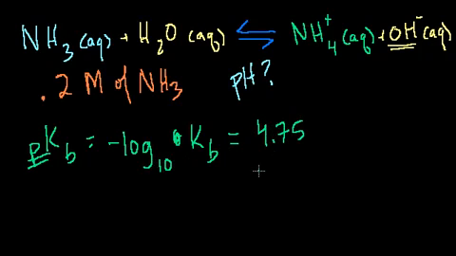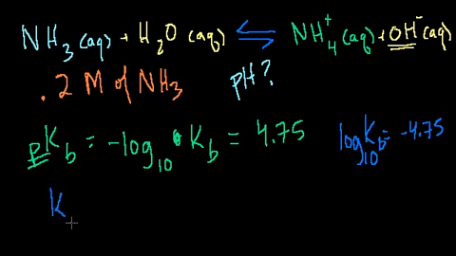So we can just do a little bit of math here to solve for the equilibrium constant. If we multiply both sides by negative, you get log base 10 of our equilibrium constant for this base reaction, that's why the B is there, is equal to minus 4.75, or KB should be 10 to the minus 4.75. So KB is equal to 10 to the minus 4.75.